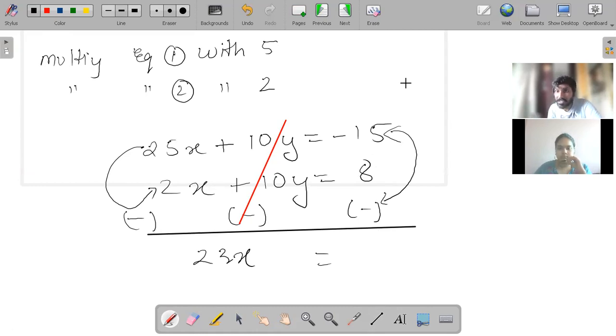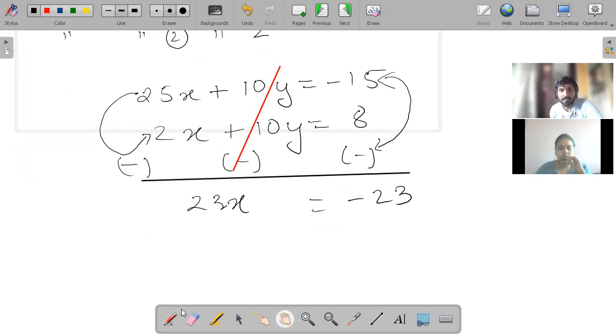That means you'll do addition and then put the sign of the greater number. Minus 23. So x equals minus 23 upon 23. 23, 23 cancelled.